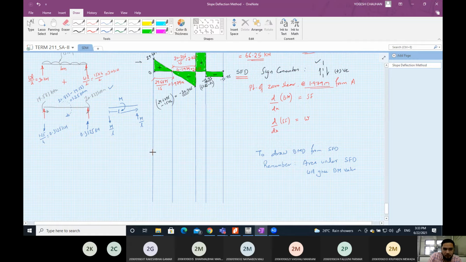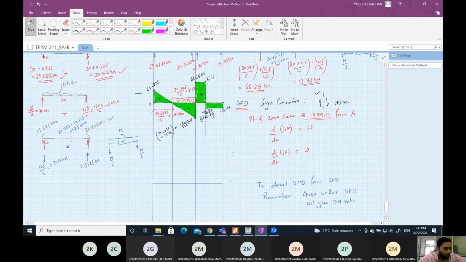Suppose we want to draw the bending moment diagram which we have already drawn by the method of superimposition. Now let us draw the same diagram using this concept. Area under the shear force diagram gives the bending moment diagram.